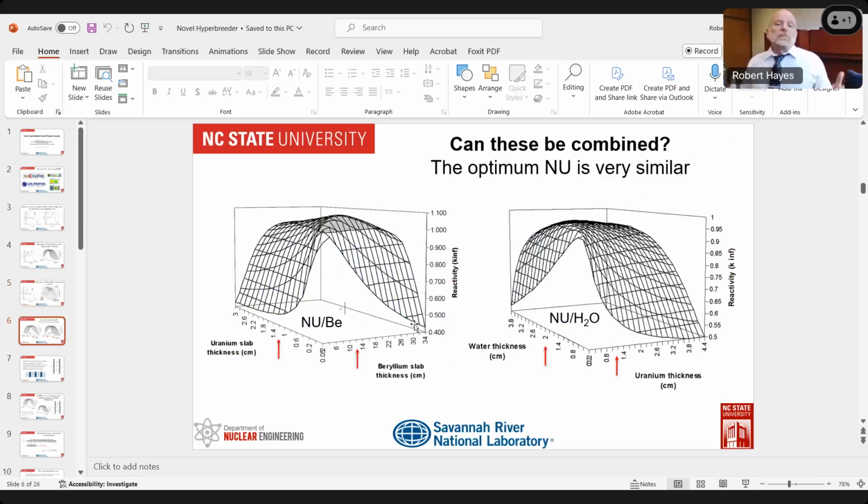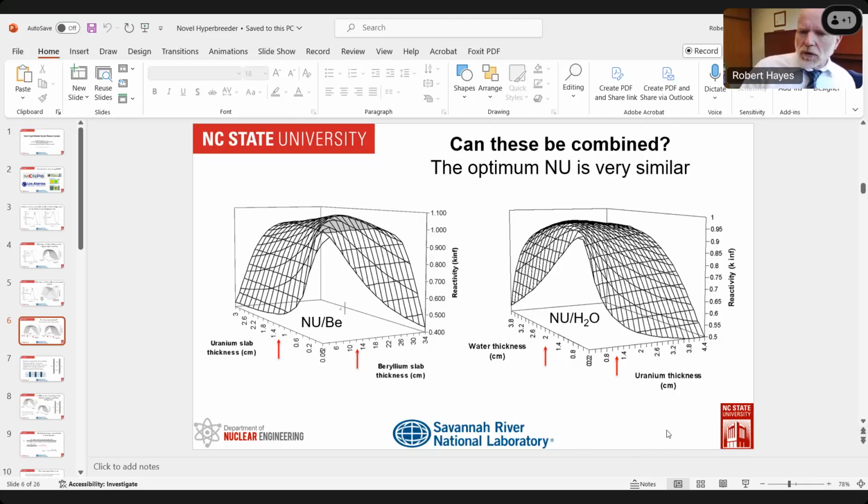So if we compare these, these are the slab configurations mapping out the K infinity for all possible combinations of slab geometries of natural uranium and beryllium, and of water and natural uranium. You can see here that the optimum thickness in the natural uranium beryllium mix, the uranium has a thickness right around 1.2 centimeters.